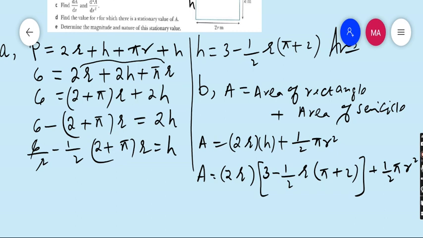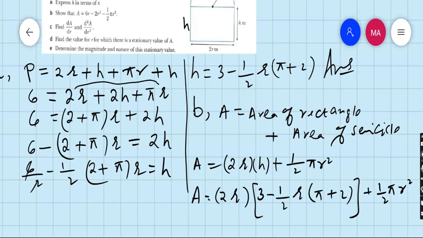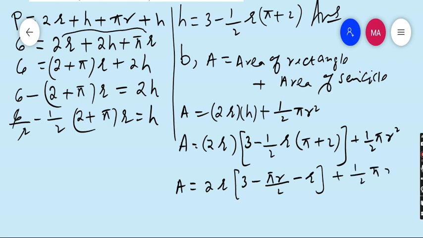Now we have to simplify because we need 6r minus 2r square minus half pi r square. A is equal to 2r into (3 minus 1 upon 2 r into pi, which is pi r upon 2, and minus 1 upon 2 r into 2, which is simply minus r), plus half pi r square.